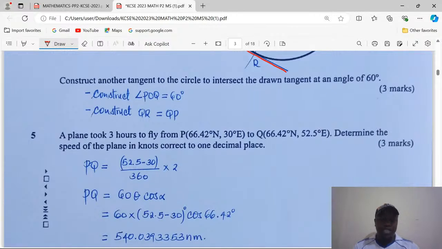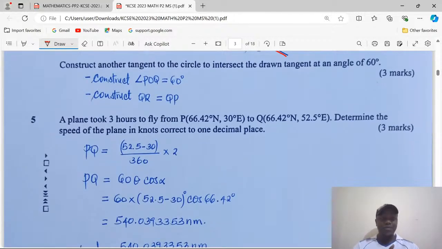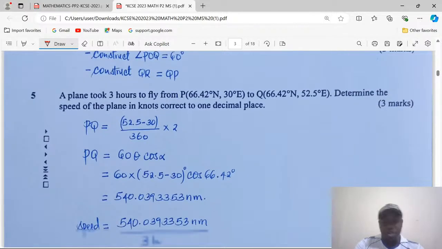It's very good for students to know that when speed is in knots, then it means the distance is in nautical miles. Now, from point P to Q, we can see that they are on the same latitude, 66.42. Let me sketch the location of those places.